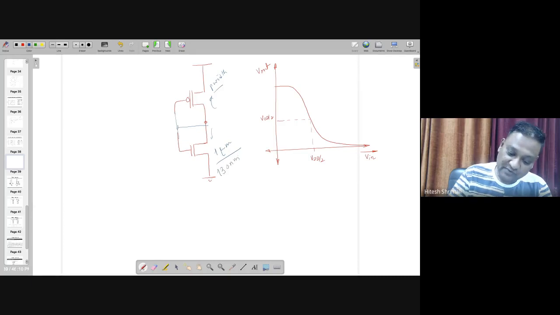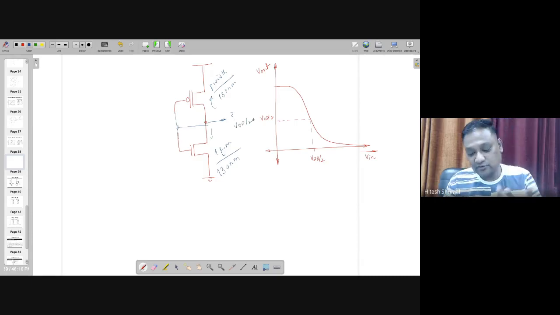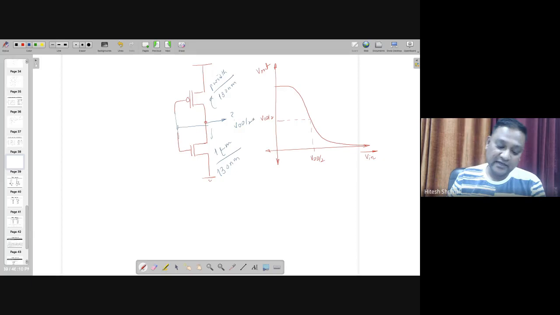We changed the P width with respect to 130 nanometer, and whenever we got VDD by 2, we stopped. That number we found for 130 nanometer in SimMicra was 1.55.